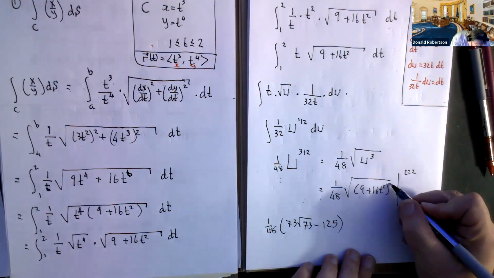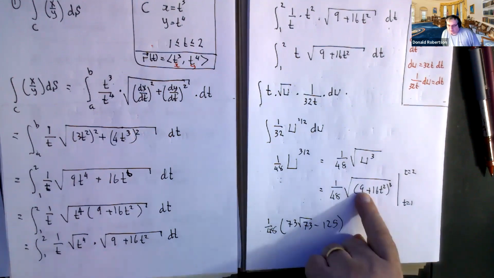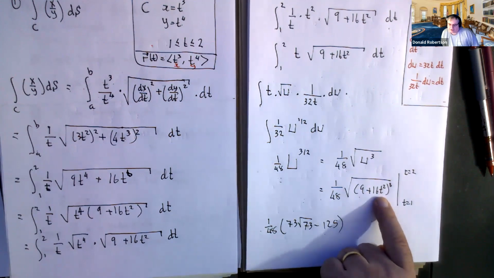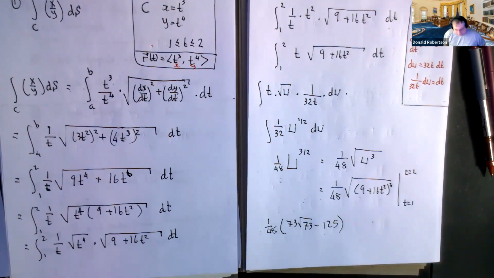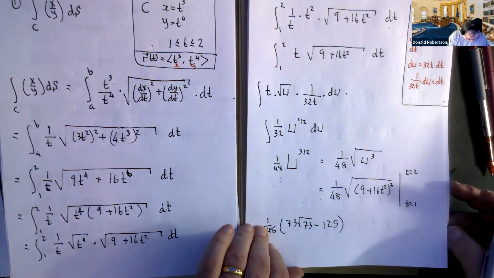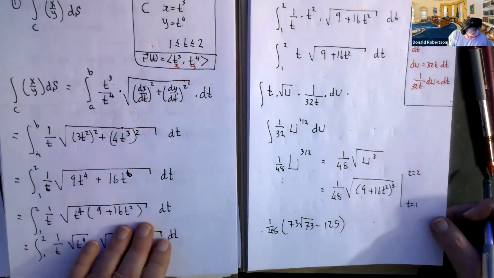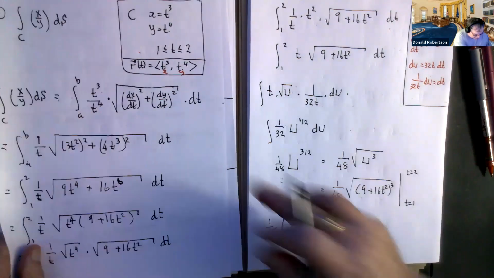You're going to get some ugly square roots that simplify, 73, root 73, and the other one actually comes out really nice, comes out as 125. So that's kind of cool. And that is our first line integral where there's a ds involved.